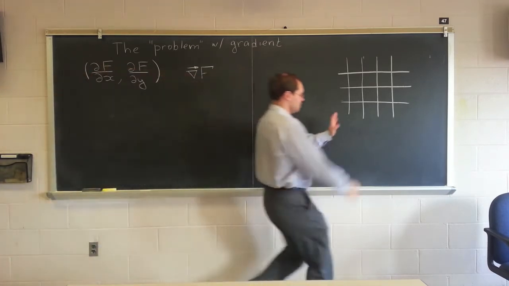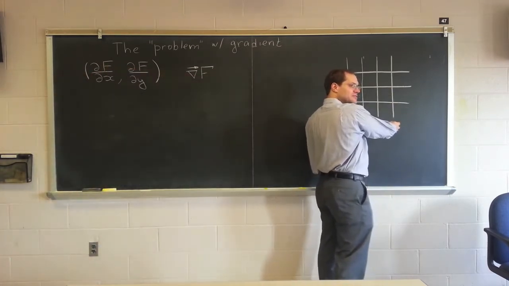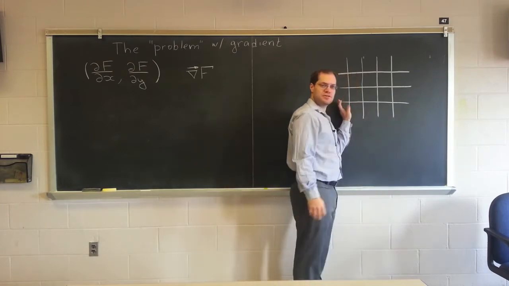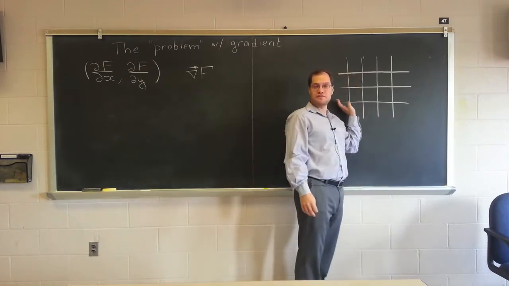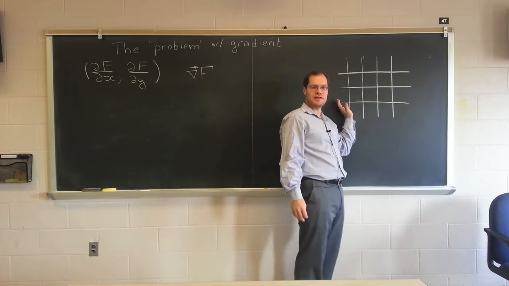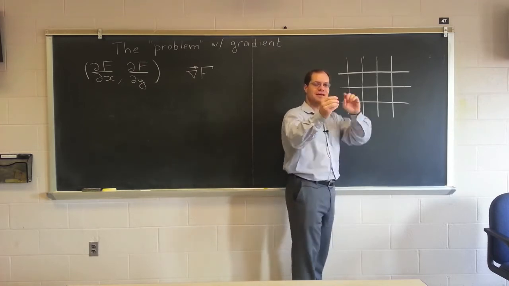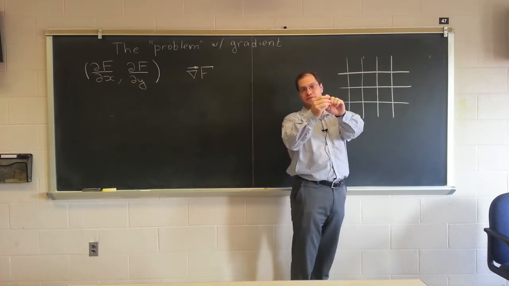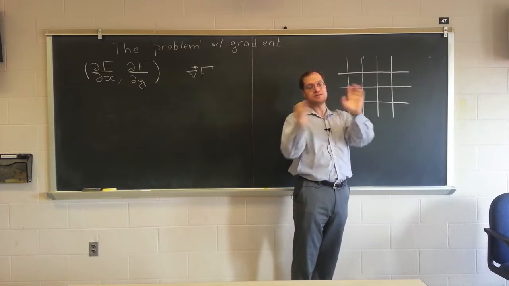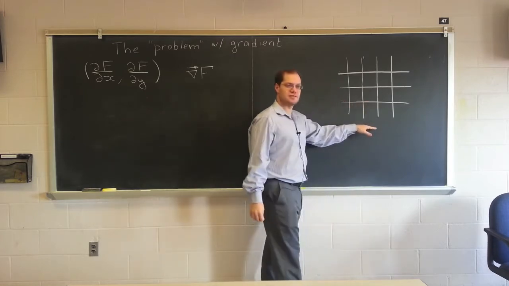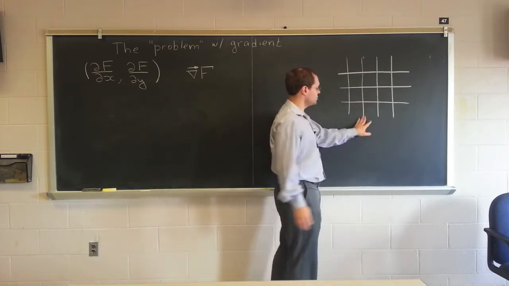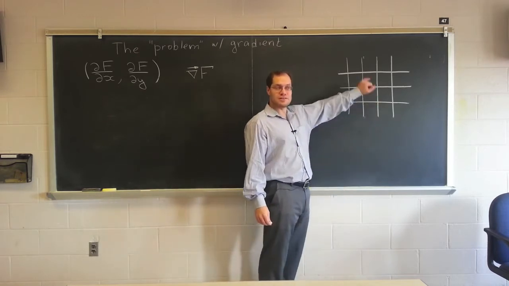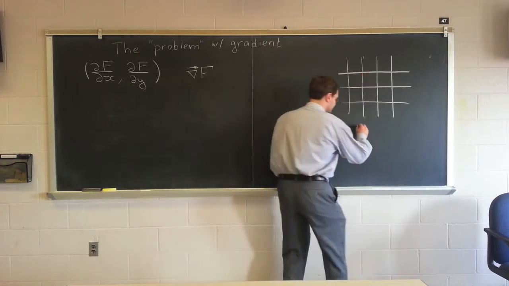And so now that you have a Cartesian coordinate system, a function such as temperature becomes a function of x and y. Until we have coordinates, we just have a point, and at that point we can tell you the value of the function f. That's all we can do. With a coordinate system, f becomes not just a function of the points in space, but a function of x and y.